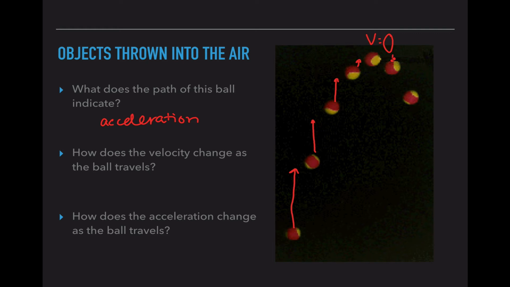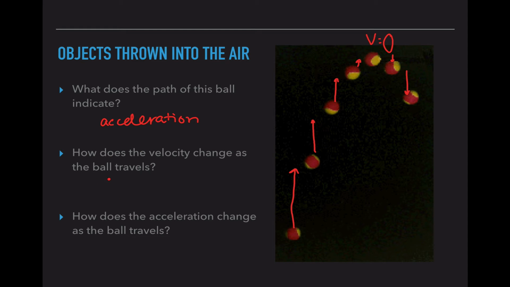Then a slightly bigger but negative, slightly bigger but negative. Now, the nifty thing about these is that if you have the tennis ball before and after, if it is at the same level off of the ground, the velocities will be equal but opposite. So if the ball here has a velocity of 10 meters per second, over here it has a velocity of negative 10 meters per second.